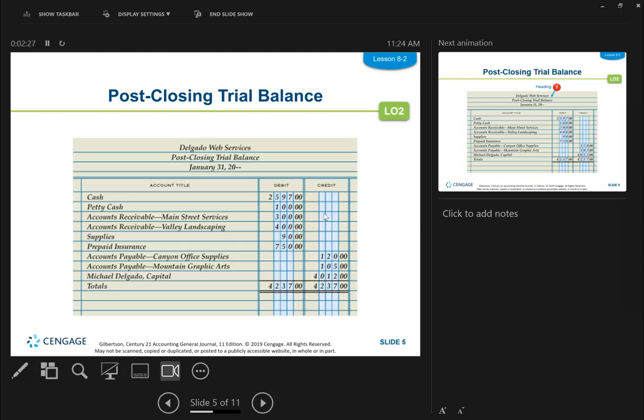Then we take all of our accounts that would be considered liabilities, so accounts payable and capital, and those are summed up. We just make sure that those two totals match at the end. We have as much debit as we do credit. It's our final check to make sure that we haven't missed a transaction along the way.